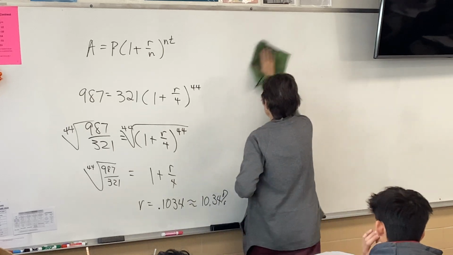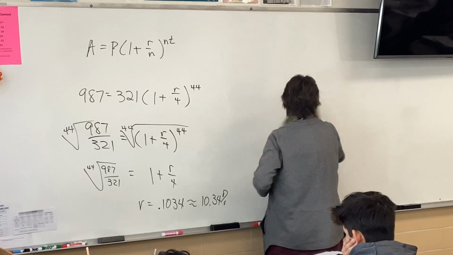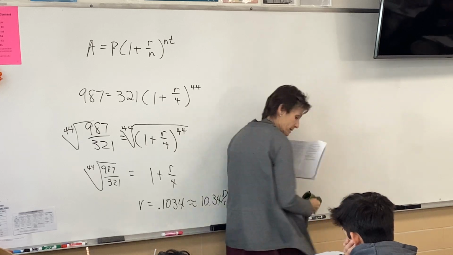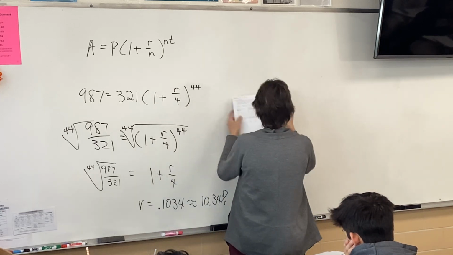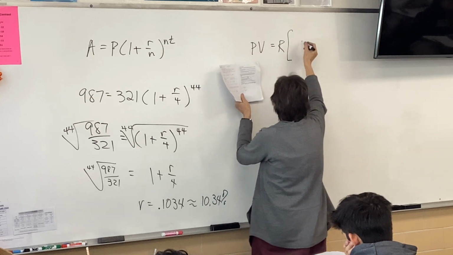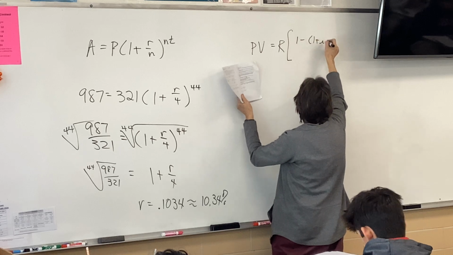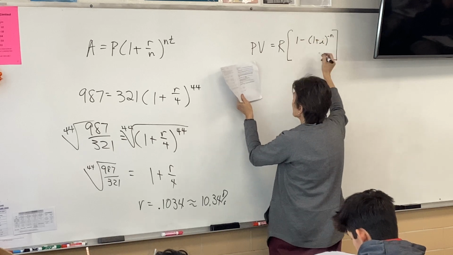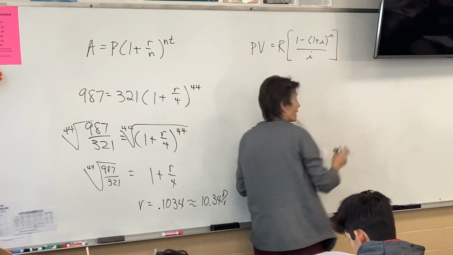Alrighty, so here we go. Let me write that down. It's on another page in the packet, but I'll just write it down. PV is this.